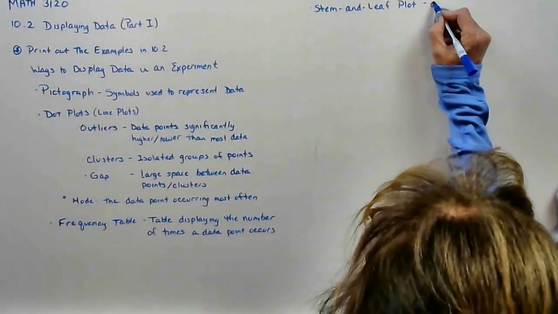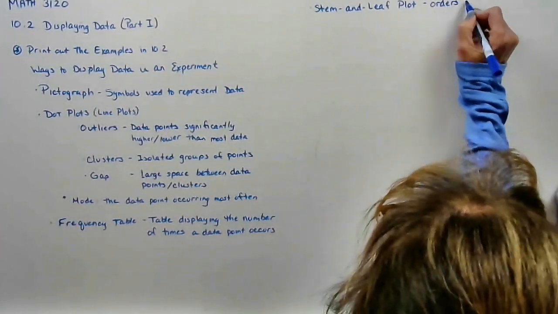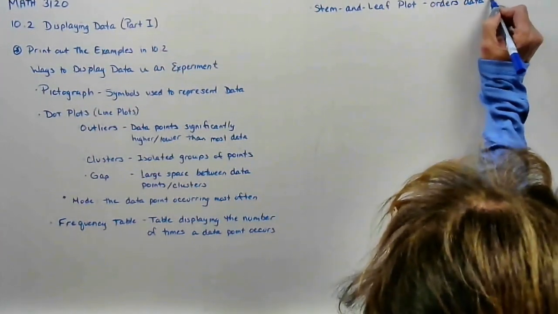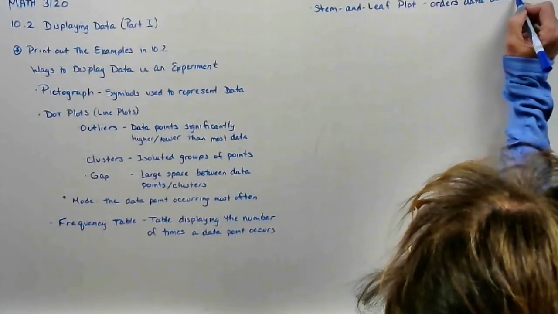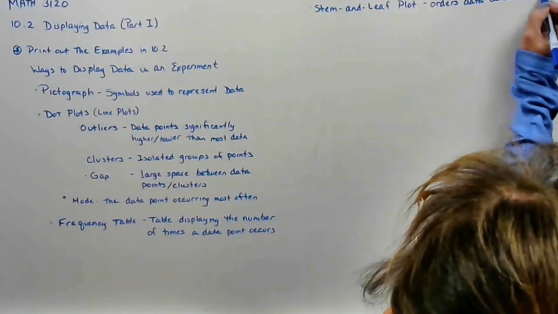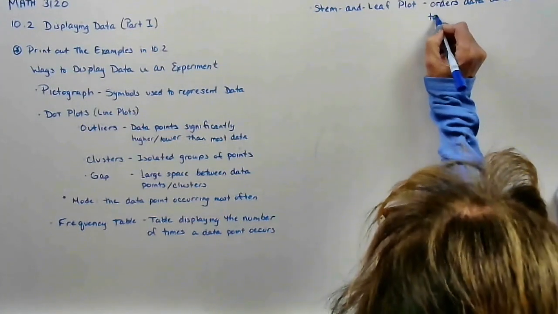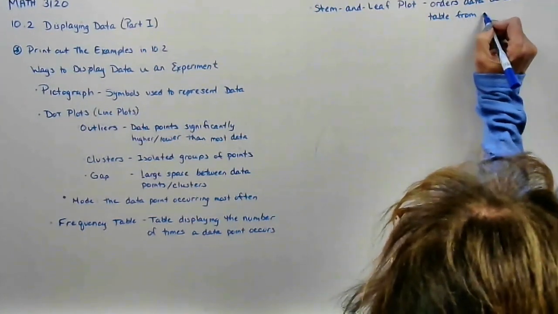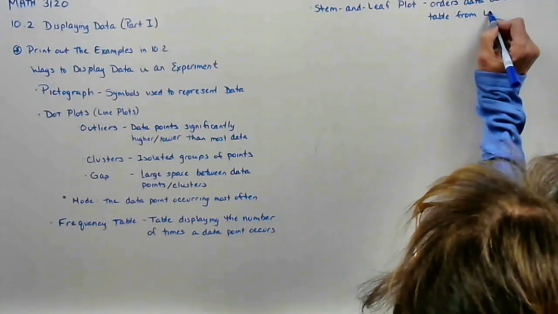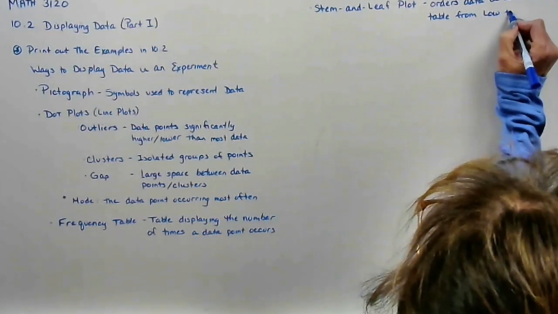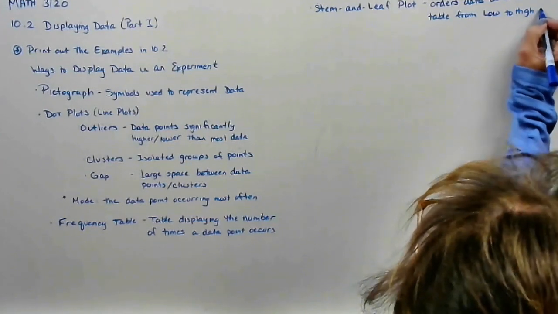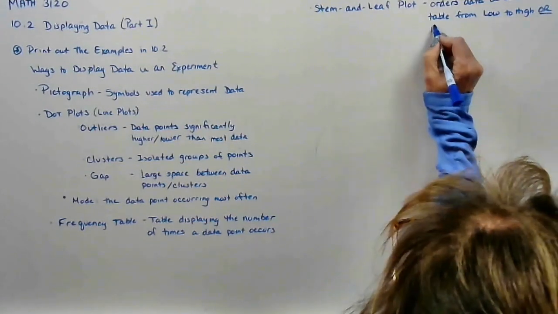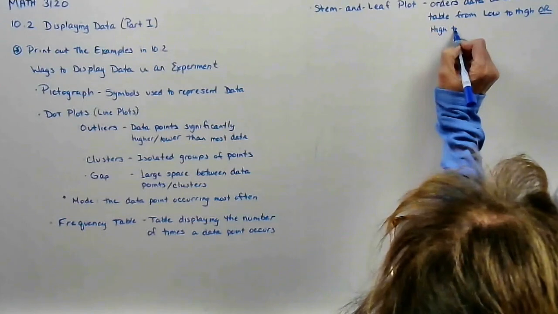It orders data in a 2-column table. So it ranks your data, either from low to high or high to low.